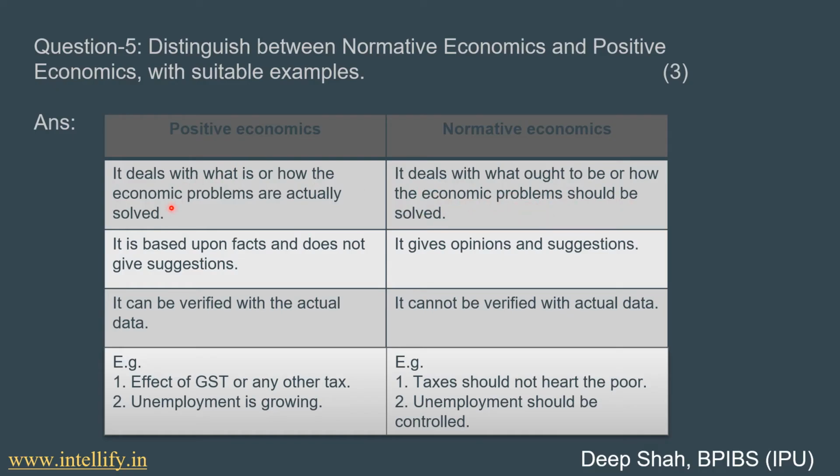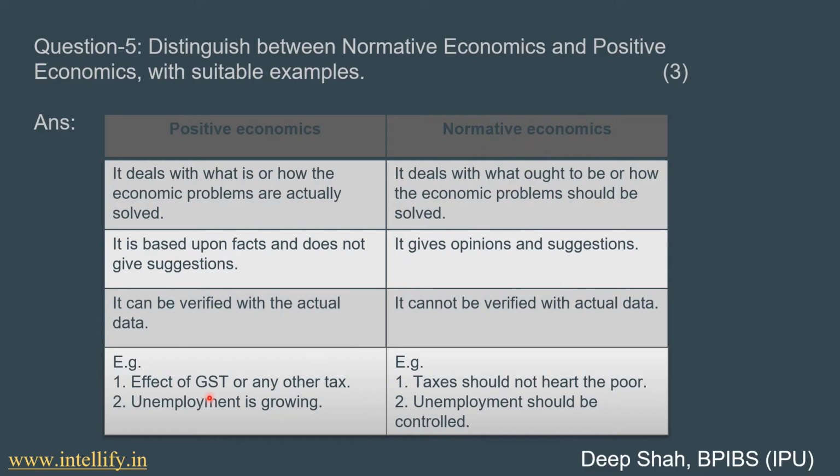On the other hand, normative economics deals with what ought to be or how the economic problems should be solved. Positive economics is based upon facts and does not give suggestions. On the other hand, normative economics gives opinions and suggestions. Positive economics can be verified with the actual data, whereas normative economics cannot be verified with the actual data.